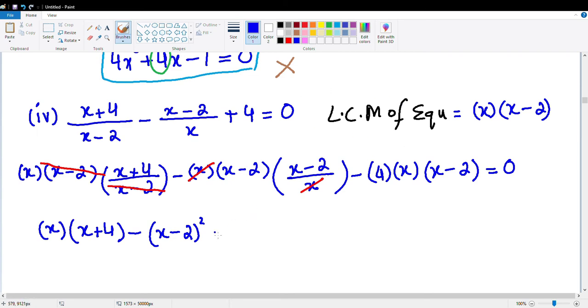Then again, oh, look at this. This was going to be a mistake. I missed the plus sign, but we caught it on time, and that's a good thing. But you should be more careful. Next we have 4 into x, so 4x into x minus 2 equals 0.